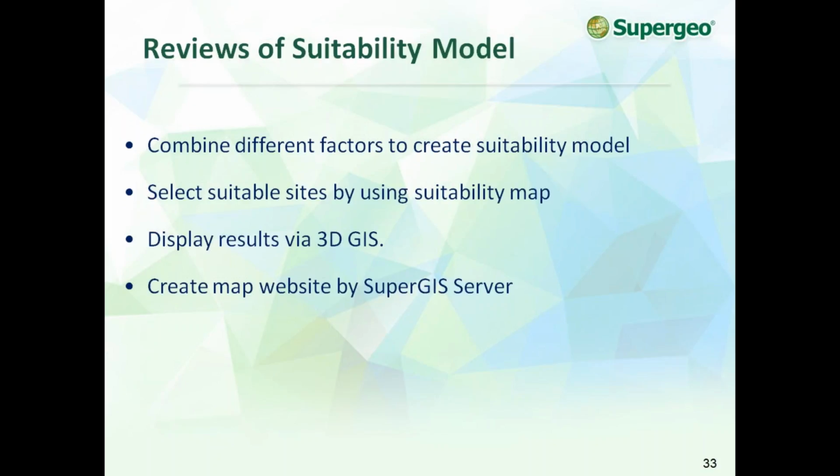And then we learned the advantages of using a 3D environment to show the results. By using a 3D environment, we can see the environment in a very realistic and interactive way and find more details. Finally, we talked about the benefit of using SuperGIS Server. It is especially convenient when we want to store, publish, or share data with others.